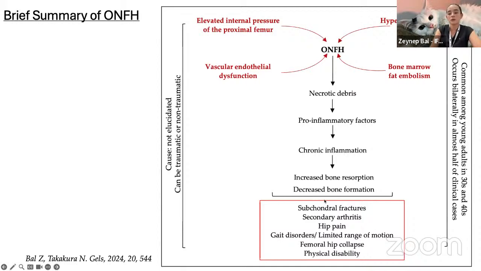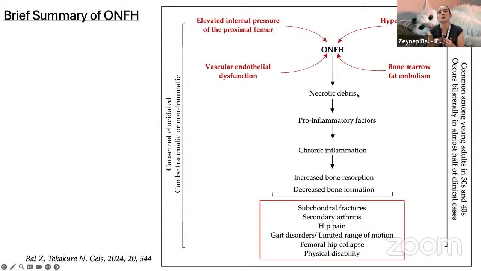If we briefly look at the cause, the molecular cause is actually not elucidated yet, but the reasons can be elevated internal pressure of the proximal femur, or vascular endothelial dysfunction, which means that your vascular structures are not working well. It may also be hypercoagulation or bone fat marrow embolism.